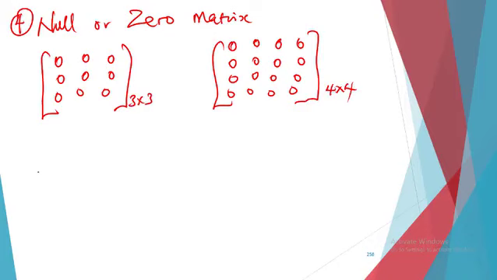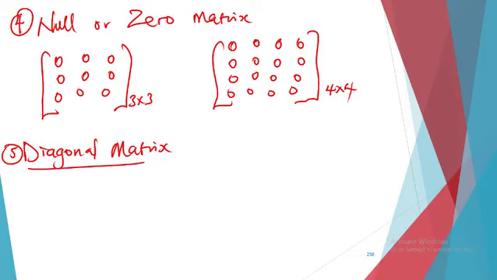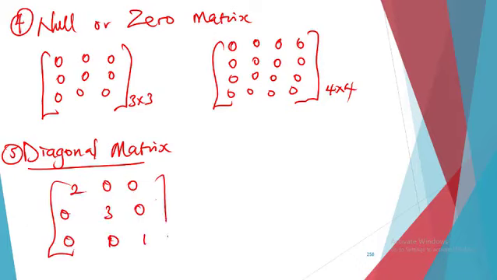Then number 5, we have what we call diagonal matrix. A square matrix is said to be diagonal if all its non-diagonal elements are 0. Like if we have let's say 2, 0, 0, 0, 3, 0, 0, 0, 1.